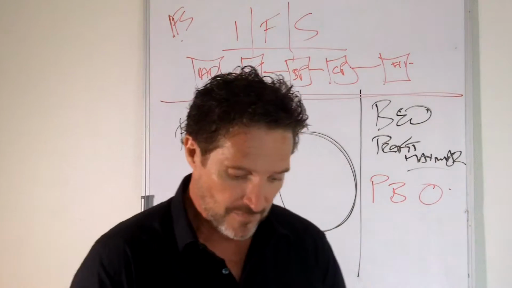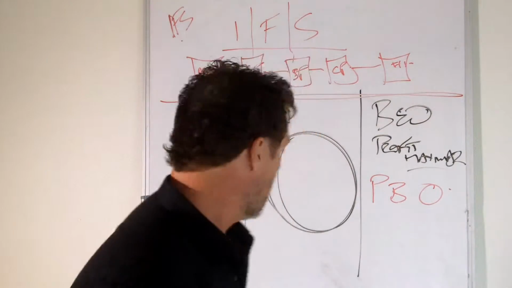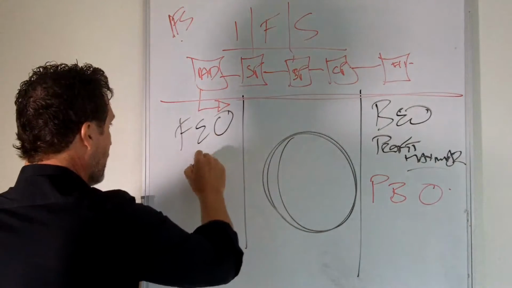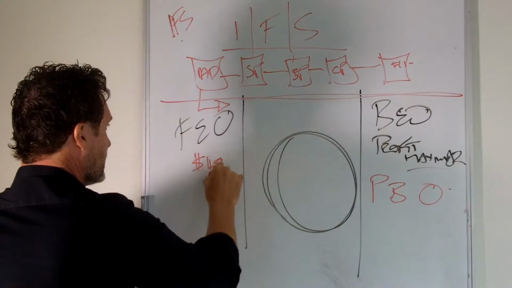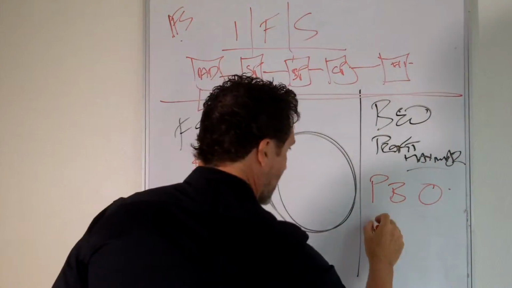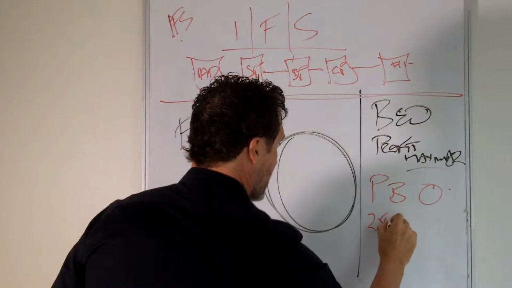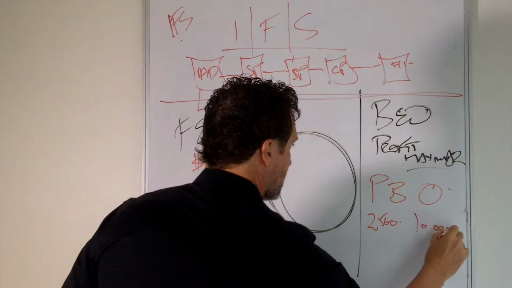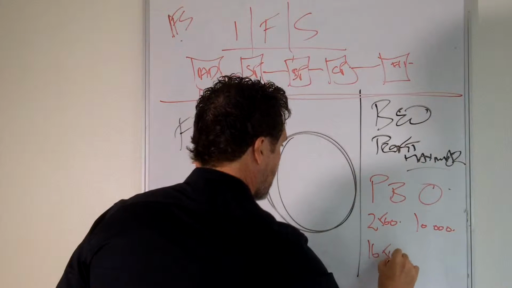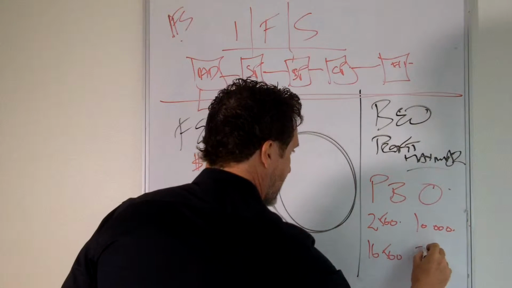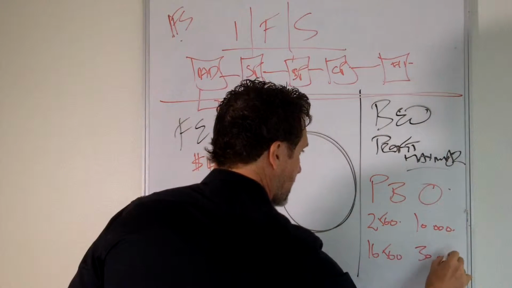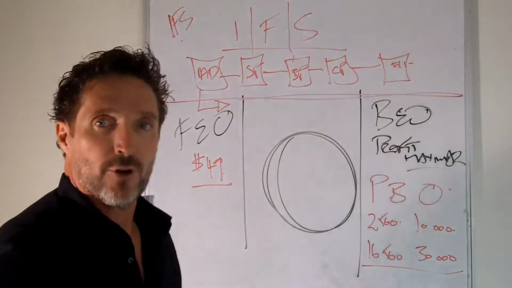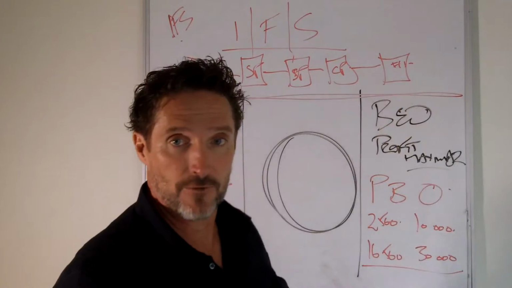So for example, I'm fairly versed in one particular company that has a front end offer of around $49, and then it has back end offers at around $2,500, $10,000, $16,500 roughly, and then going right up to $30,000 as part of their profit maximization back end offers.